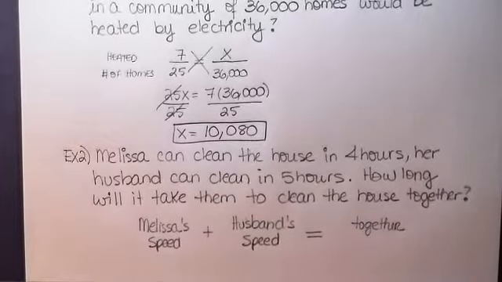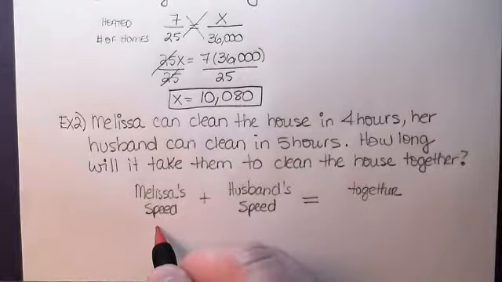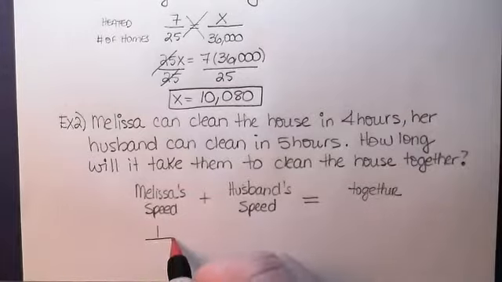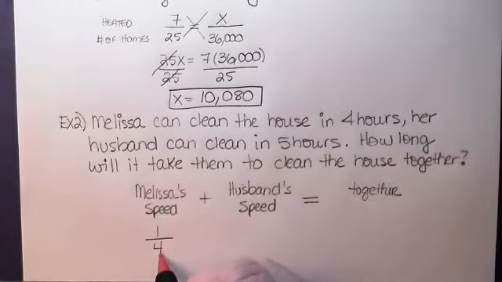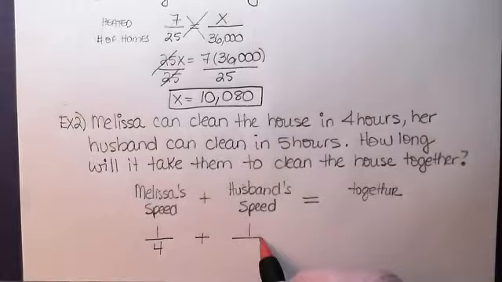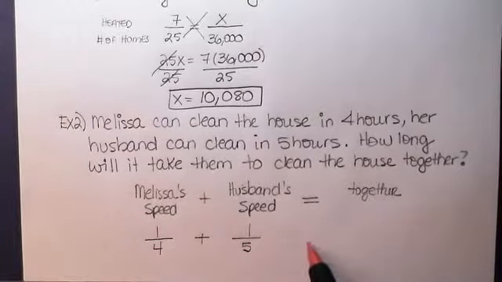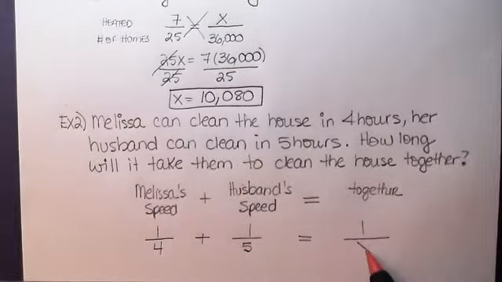Okay? So, Melissa has a job, clean the house. How fast does she do? She cleans one house in 4 hours. Her husband cleans the same house in 5 hours. So, here's the house. How fast do they clean?